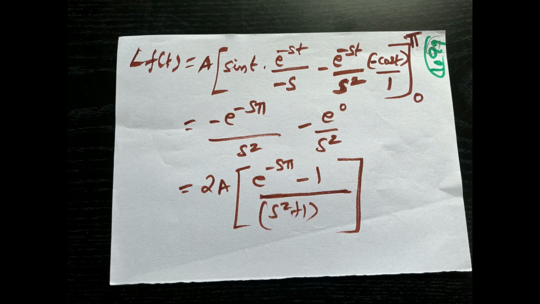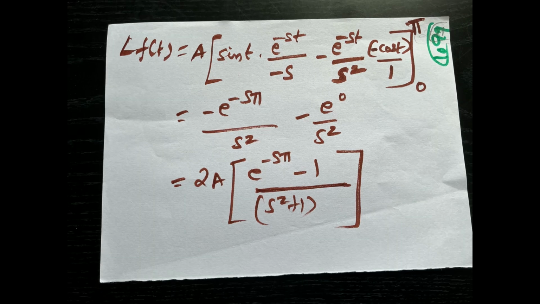L of f of t is capital A bracket of sin t e power minus st divided by minus s, minus e power minus st divided by s square, minus cos t divided by 1 bracket, applying the interval 0 to pi. Then we obtain L of f of t is 2a bracket of e power minus s pi minus 1 divided by s square plus 1 bracket.